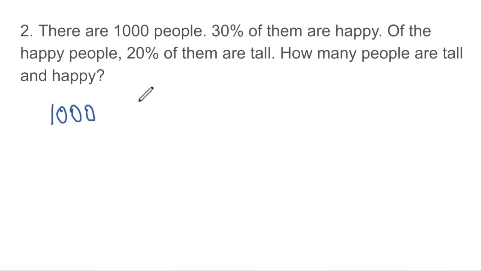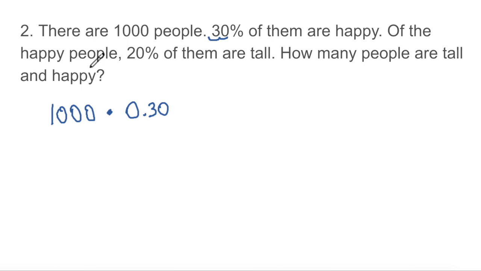So we could call this 30% of 1,000 people. And when we say of, what we mean is multiply. And if we have 30%, we can change that to a decimal by moving this decimal place 2 places. So it's 0.30. So 30% of 1,000 means 1,000 times 0.30.